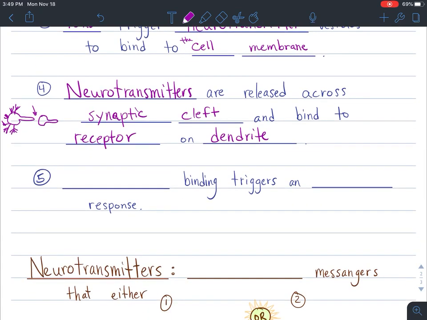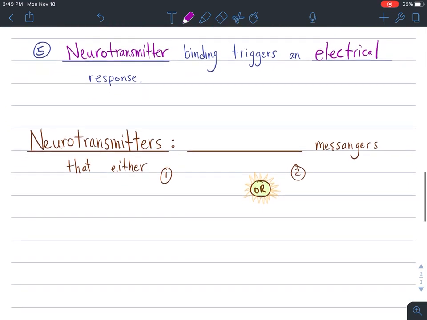The 5th and final step then is that those chemical messengers, neurotransmitter binding, trigger an electrical response. So we go from electrical at the beginning, chemical once neurotransmitters are involved, back to electrical at the end.